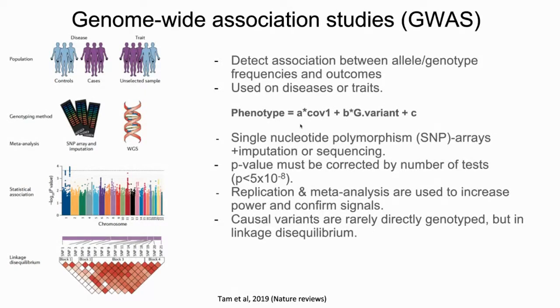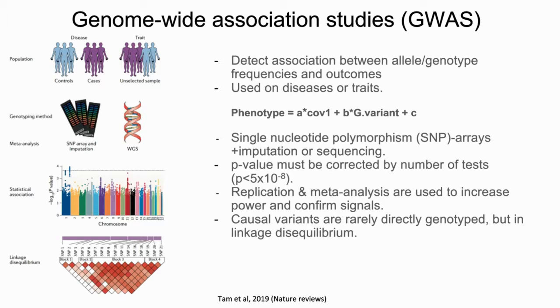So it's very simply just a regression model that explains the phenotype by covariates and the genetic variants. But as you know, we do this with not only one SNP, one genetic variant, but we do it with as many as we have genotyped or sequenced, depending on the method. And then we're going to do this regression many times.